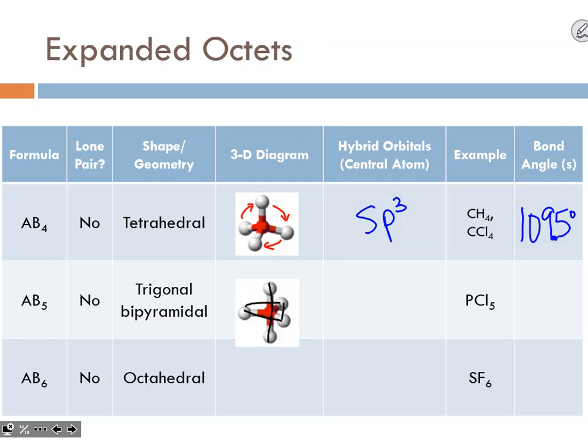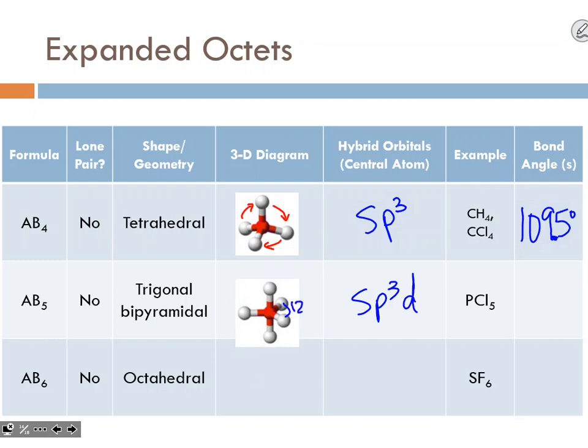Like a rotating flat triangle in the middle with a straight line. So it has interesting angles on it because of that. But what would our hybridization be with 5 things around the central atom? sp3d, there you go.